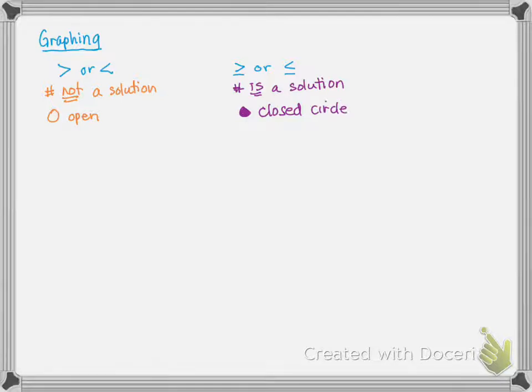Let's do that. We'll say open circle at number, and closed circle at number. So that's the key thing we have to pay attention to. Is the number a solution or not? The inequality tells us if it is a solution or not. The next thing that we're going to be looking at is, what's the number?